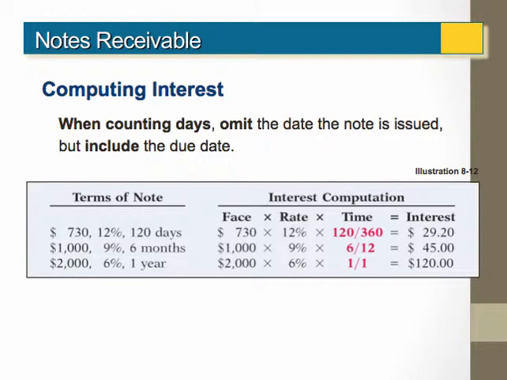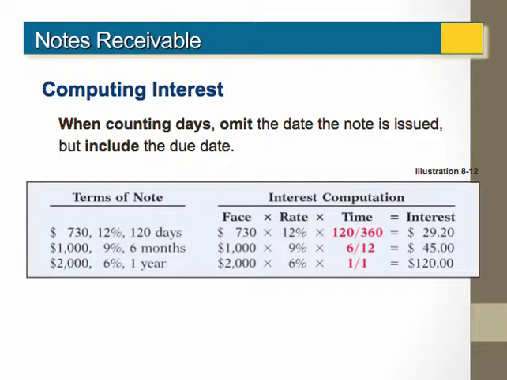So when we look here, when we're computing interest, if we had a note of $730 at 12% annual interest for 120 days, we would use the computation of $730 times 12% times 120 divided by 360. If you ask why we're using 360 instead of 365 days, take a look at the number of months, and to simplify, if we had 12 months, we would then have equal 30-day periods.